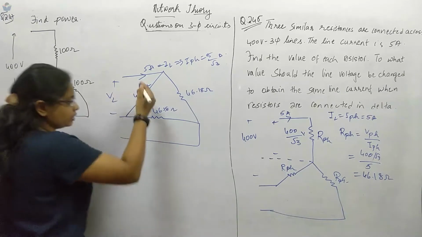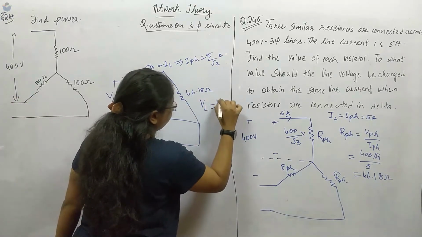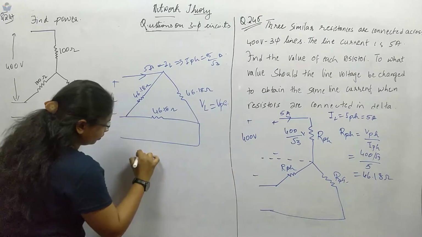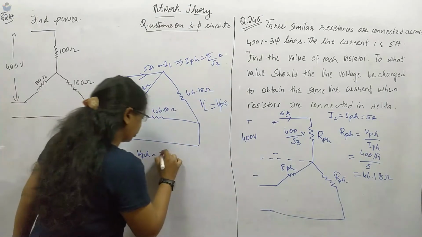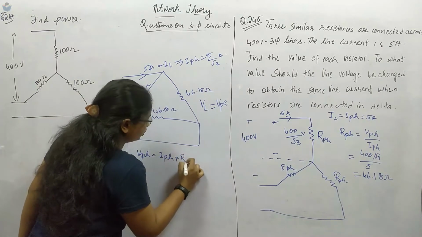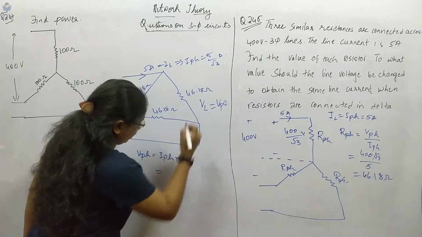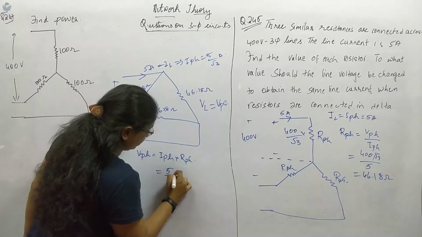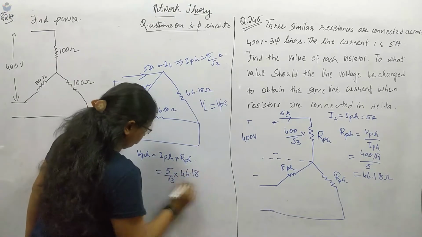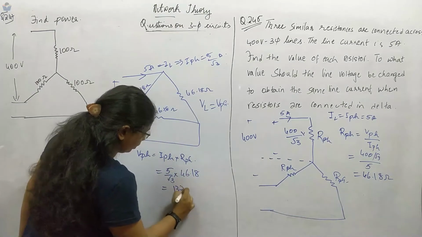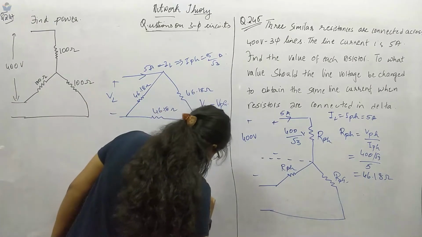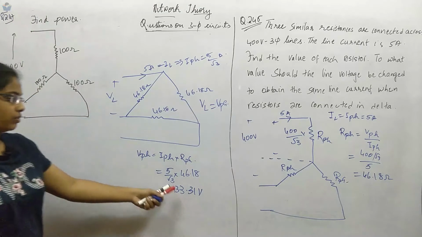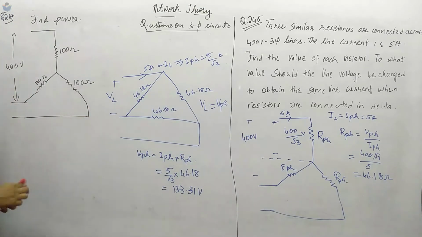In delta we know that VL is equal to VPH. VPH is nothing but IPH into RPH. So IPH is 5 by root 3 times 46.18. So you will get 133.31 volts.